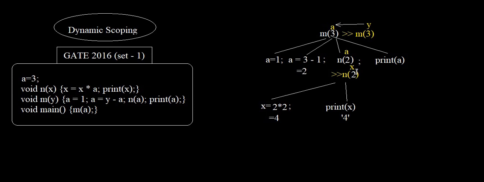Also here it means that the value of x should be assigned to a, so a equals x. Now what is the value of x here? 4. 4 should be assigned to a, and in this block of code we need to print the value of a, which is 4. So you can say the answer to the problem is 4 comma 4.